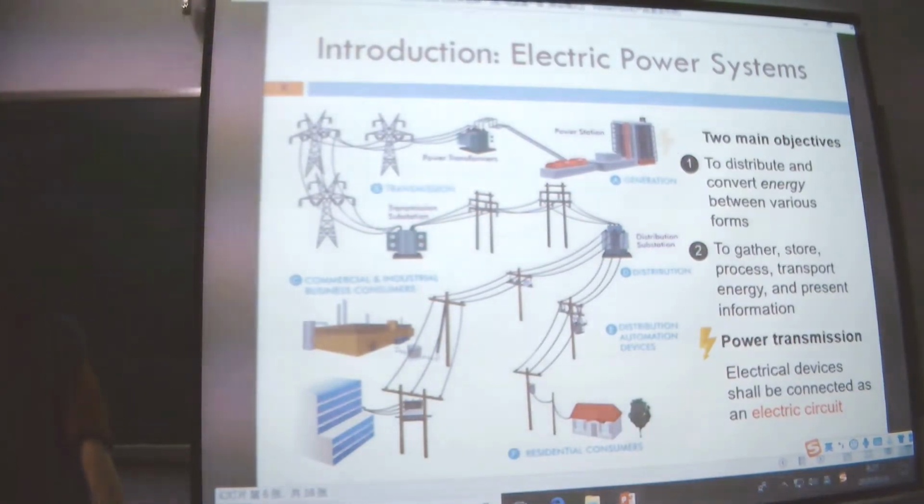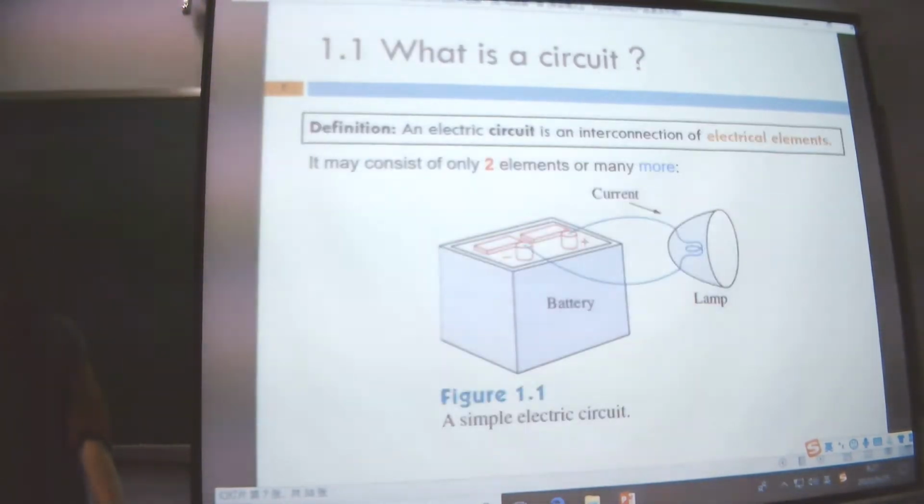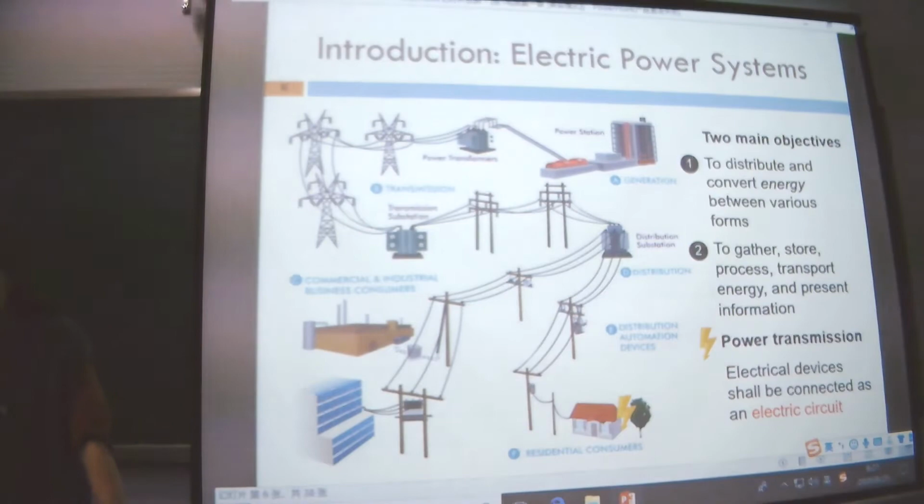So in the power station, or we can say in the plant, we have coal or other types of energy, and we transform it to electricity, and then the electricity will follow this transmission line to our residential consumers.